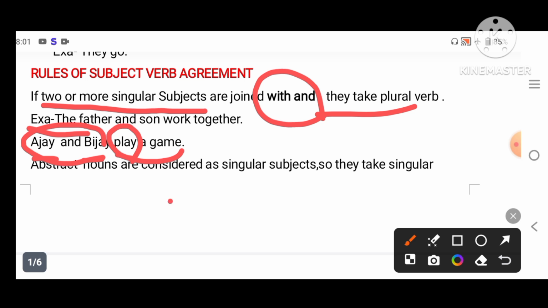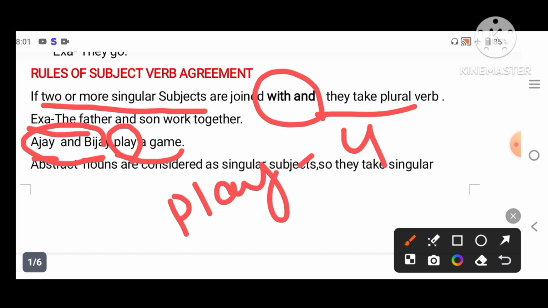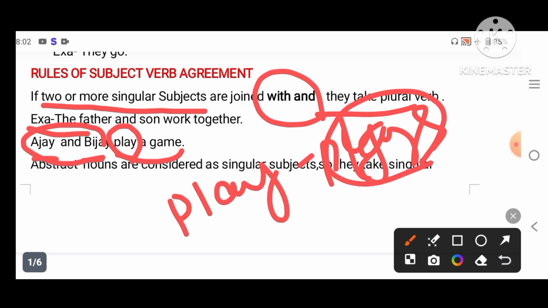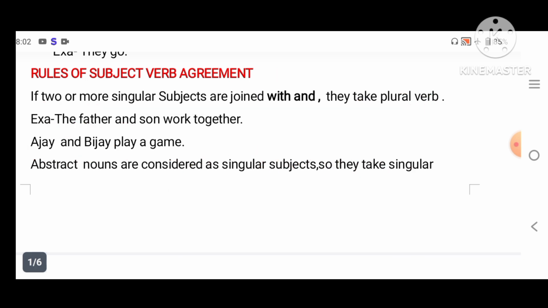If we add s or es to play, it becomes plays, which is singular. Earlier I explained that when we add s or es to a noun it becomes plural, and when we add s or es to a verb it becomes singular. So remember these lines in your mind.